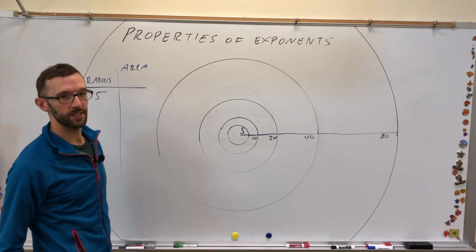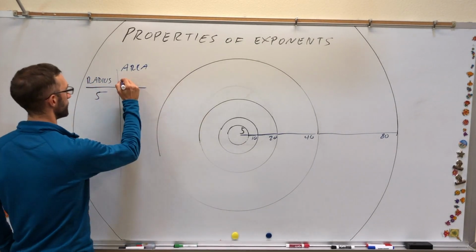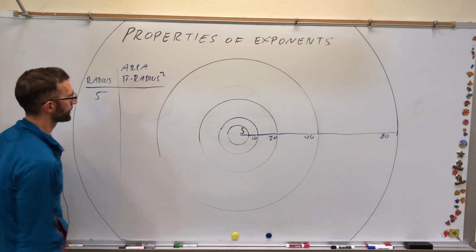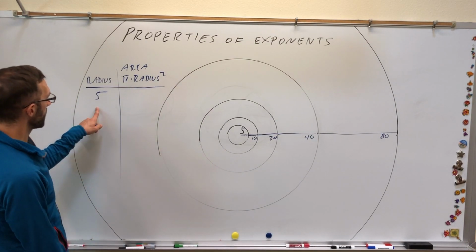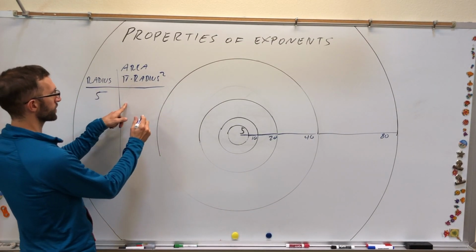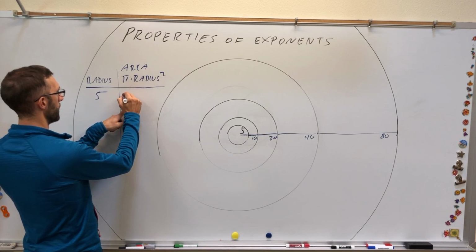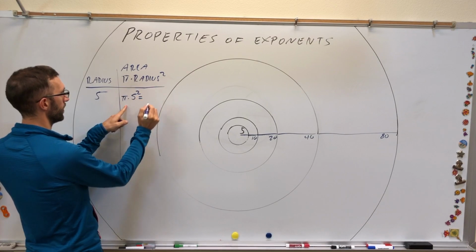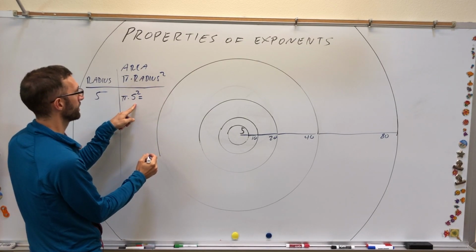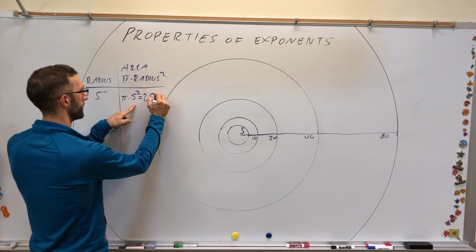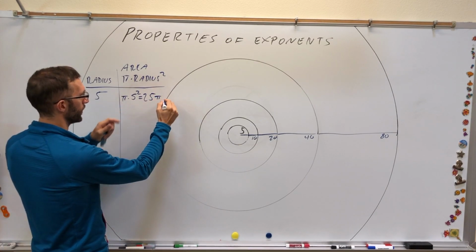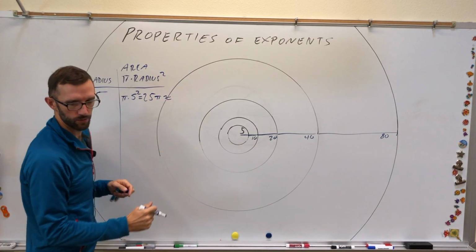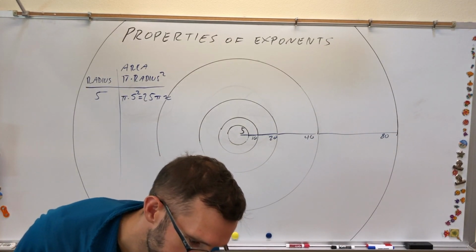and the area of a circle is pi times the radius squared, like so. So what that means is for the first one, the area is pi times 5 squared, which equals 25 times pi, which we could approximate to 78.5.